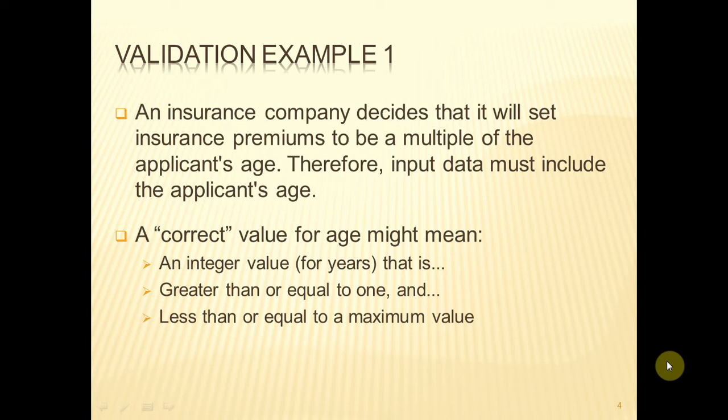In this application, it could well mean something like the applicant's age must be an integer, because we're going to represent it as a number of years. And that integer must be greater than or equal to 1, because we've decided we're not going to insure anybody under the age of 1. The applicant's age must be less than or equal to some maximum value, which might be as much as 130, 140, whatever the Guinness Book of Records says is the age of the oldest person.